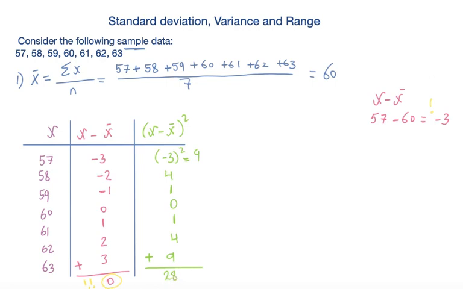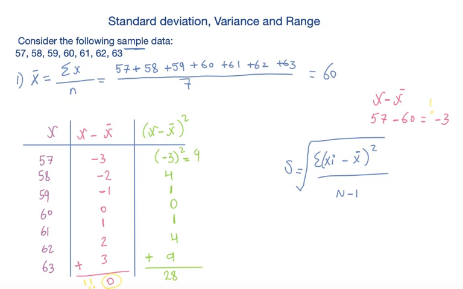Let's put our formula back. So not sigma, we're calculating a sample, so we're going to say S equals the sum of all data set point minus the mean of the sample all squared over n minus 1 and all square root.